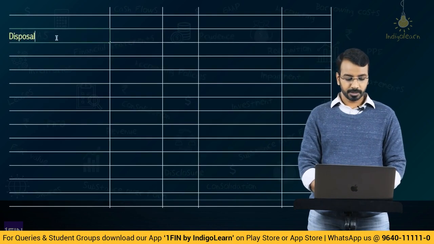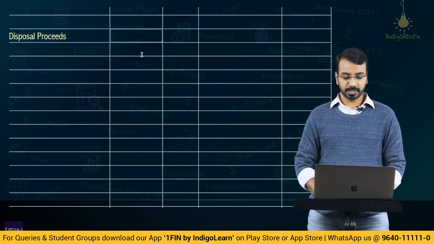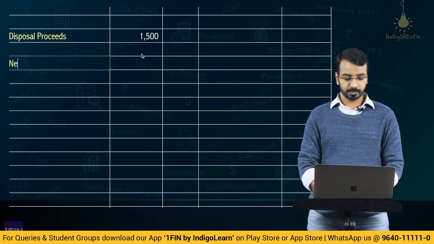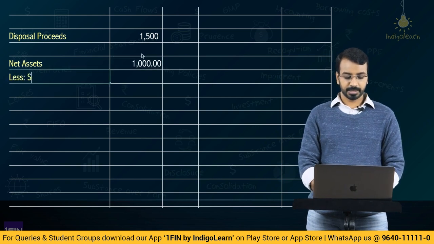So disposal proceeds is 1500, net assets is 1000 less share of NCI 100.